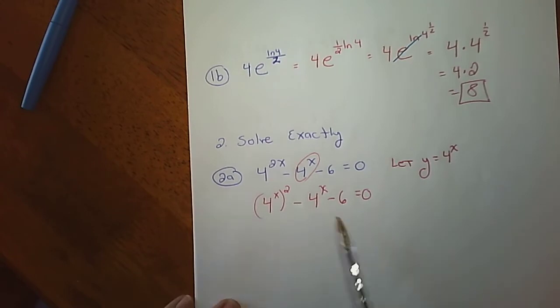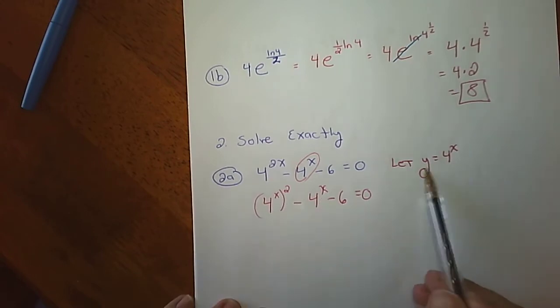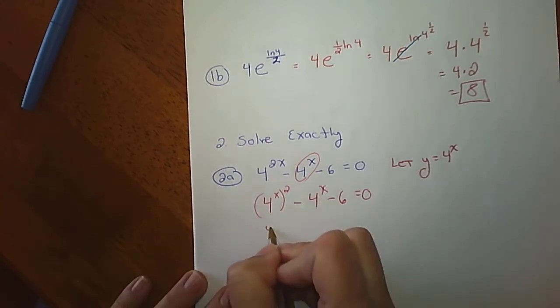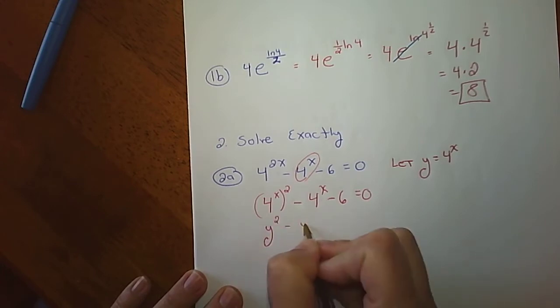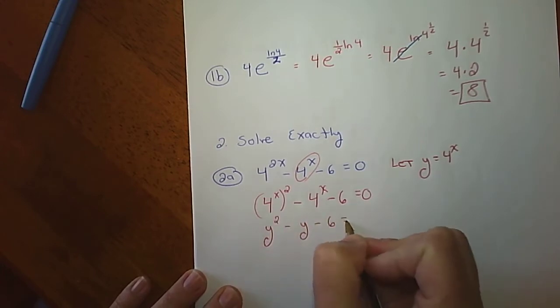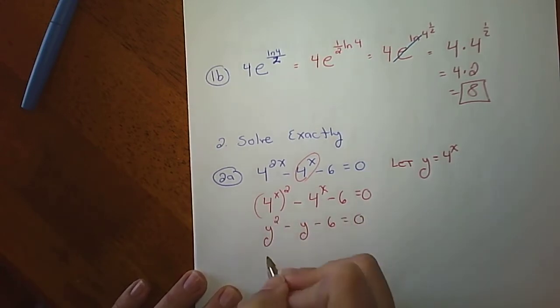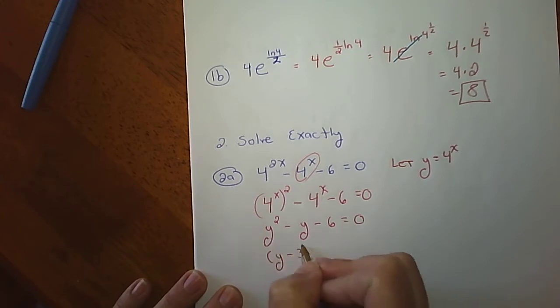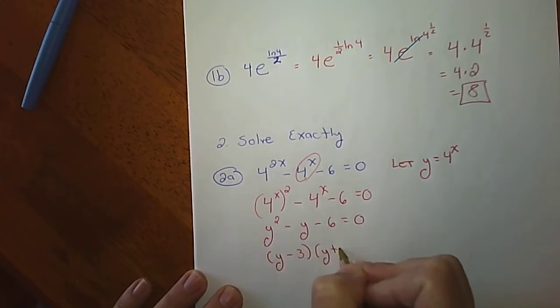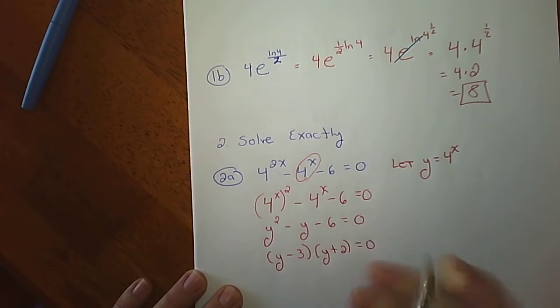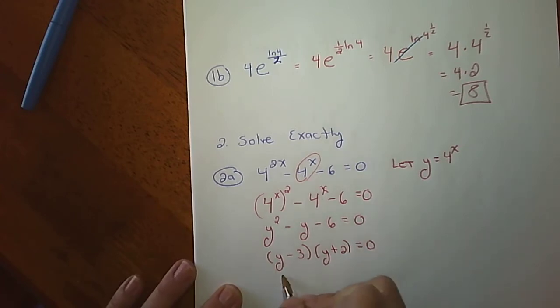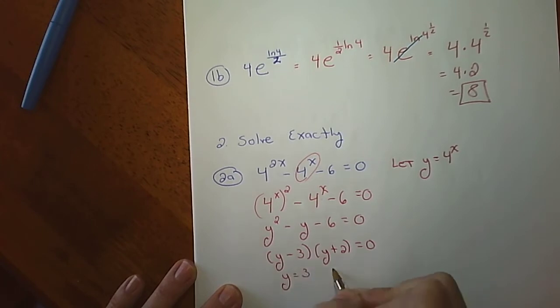And then every time we see 4 to the x now, I'm going to substitute y. This becomes y squared minus y minus 6 equals 0. So now I factor this because it's just a plain old quadratic: y minus 3, y plus 2. Right? And then this gives me y equals 3, y equals negative 2.